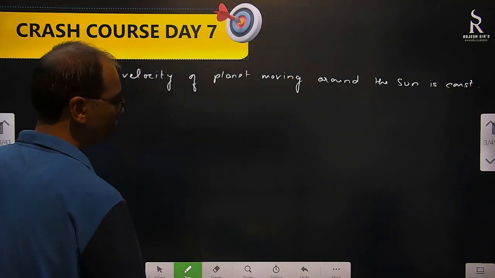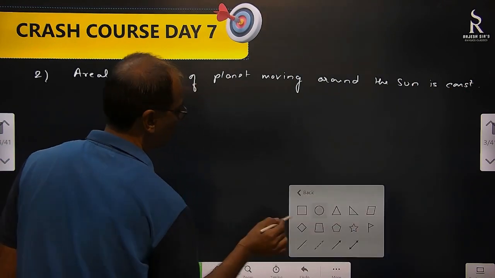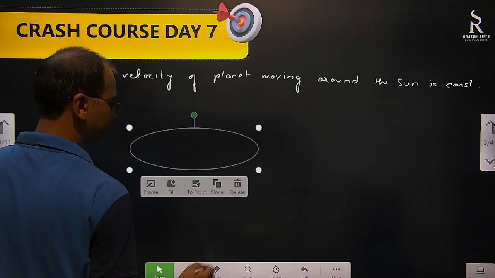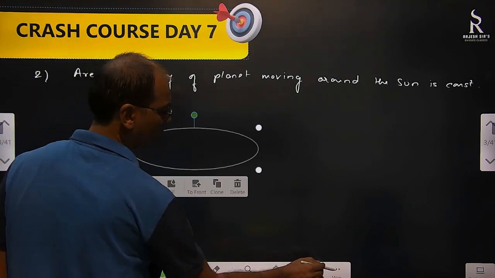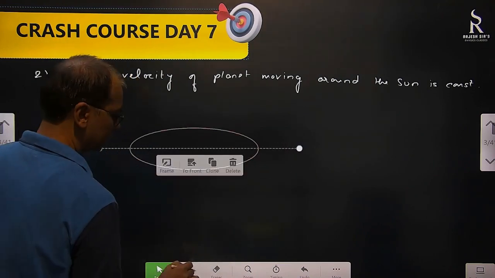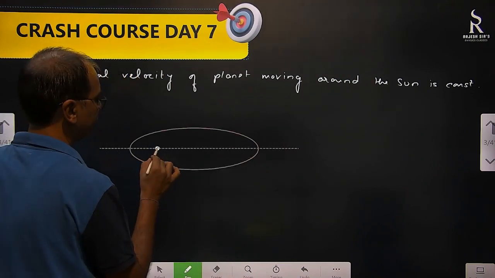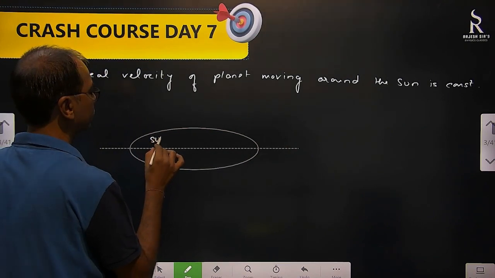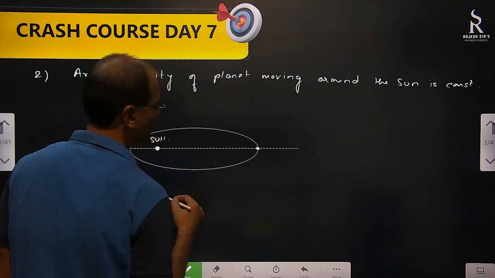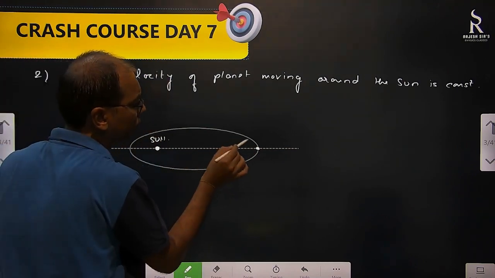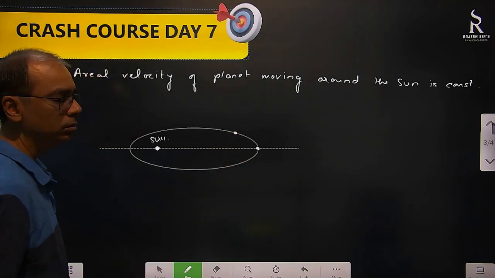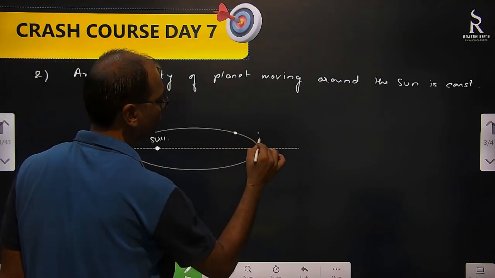Now we know that the planet is moving around the sun in an elliptical orbit. So this is the elliptical orbit, and the sun is at one of the foci, somewhere here. Let's assume the planet is once here. The planet is going to move. Suppose it reaches here in time t1.